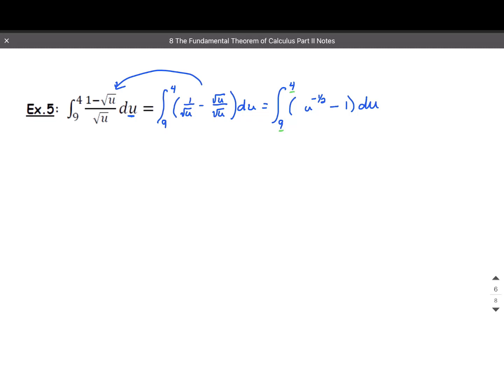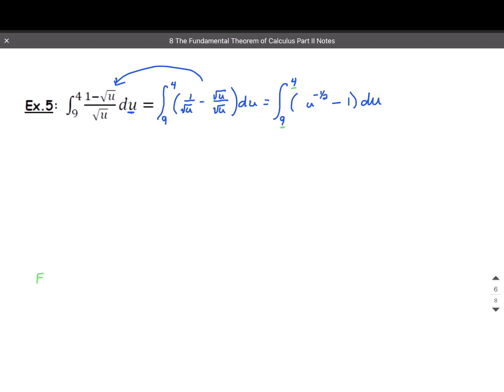If we leave this limit in order, it'll be okay, because if we know the antiderivative, let's say the antiderivative is capital F, F of 4 minus F of 9 is the negation of F of 9 minus F of 4. So it would be just like switching the limits and negating the integral to have them in the right order, but I don't have to since I'm actually doing it numerically. So it's actually less work.